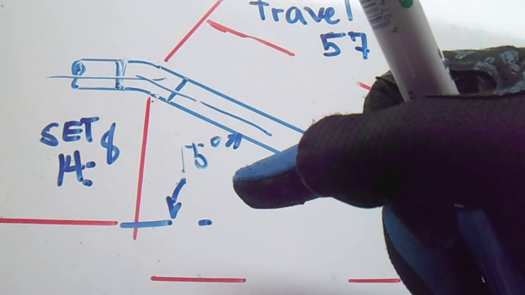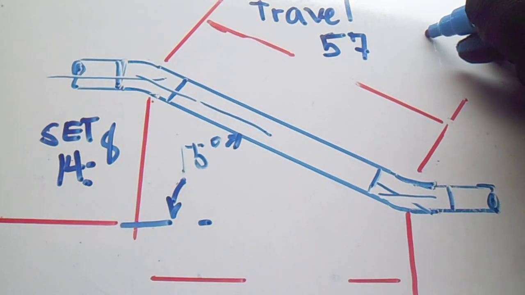Okay, so this is the sine of 15 degrees, so 0.258, just 0.259, round it off.